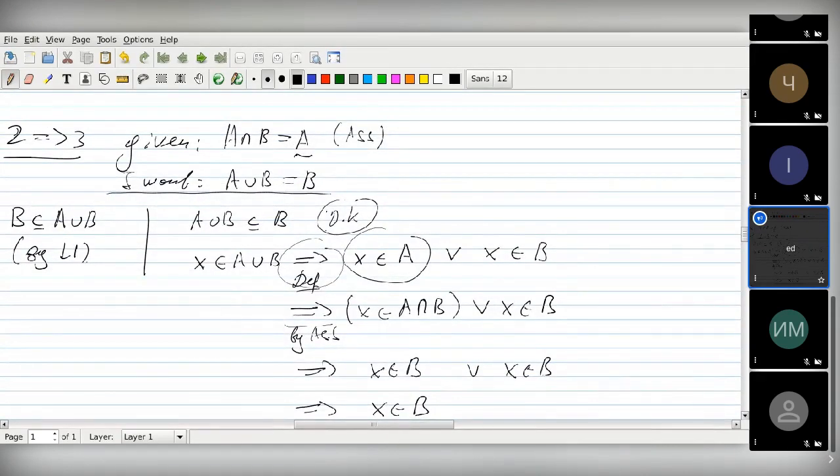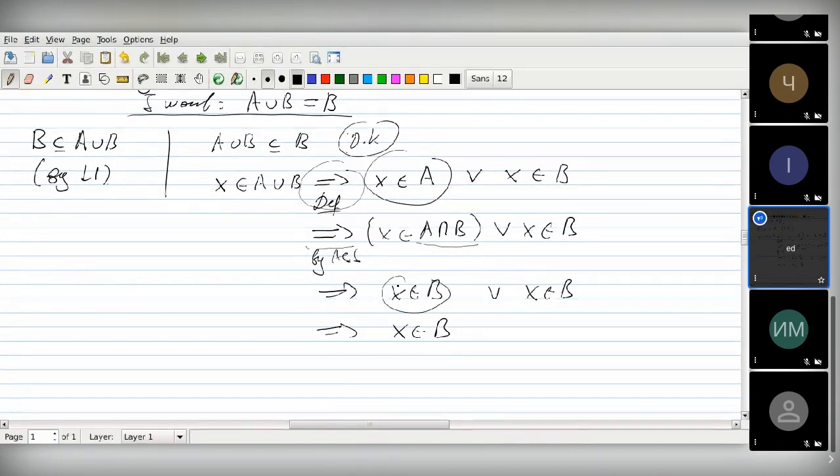This is by assumption. You know, A equals the intersection. So if X belongs to A, then it must belong to the intersection. And this one follows, say, by lemma 1, from the fact that if X is an element of the intersection, it must be an element of A. Here we have that X is an element of A and of B. And of course, that means that it is an element of B. Yes.